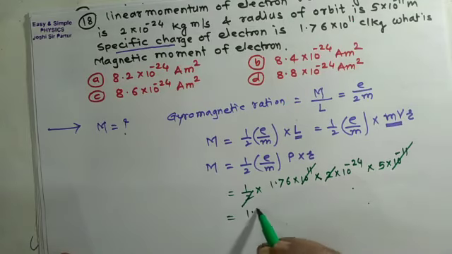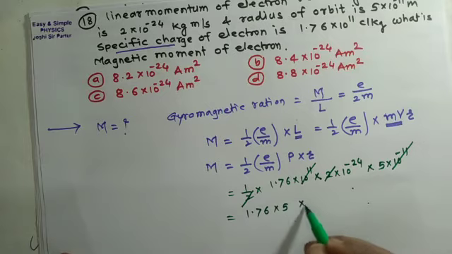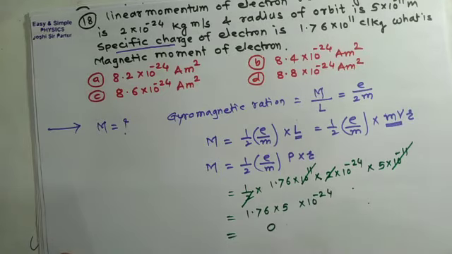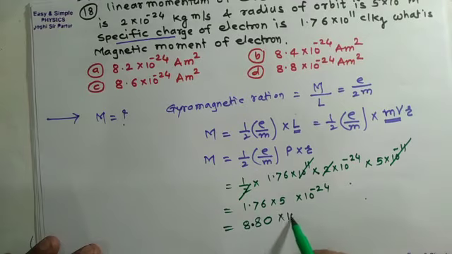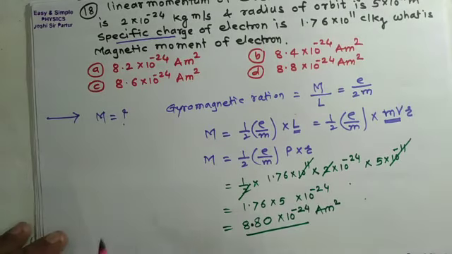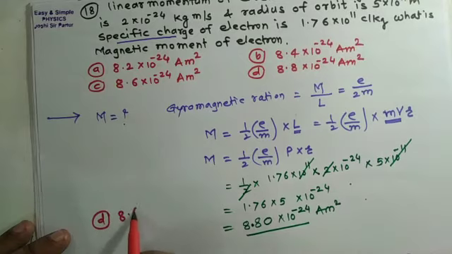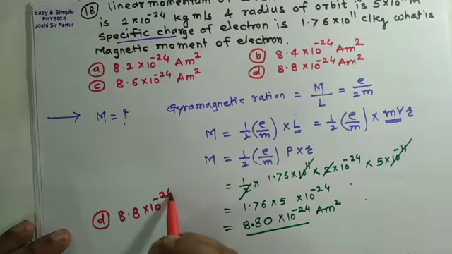It remains 1.76 into 5 into 10 raised to minus 24, which will be 8.8 into 10 to the power minus 24 ampere meter square. So the answer is option D, 8.8 into 10 to the power minus 24 ampere meter square.